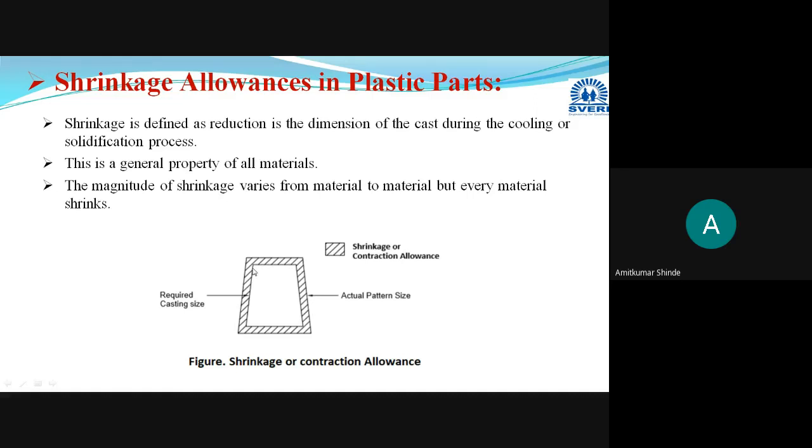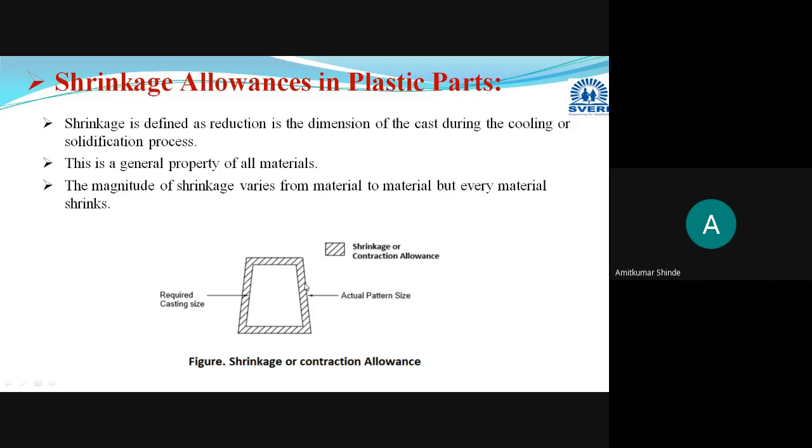From the required size, we are using an additional size pattern. The additional size here, the portion highlighted with inclined lines, is nothing but our shrinkage allowance or contraction allowance.